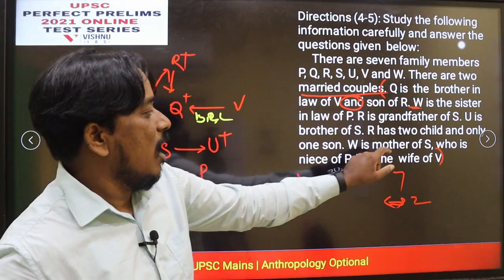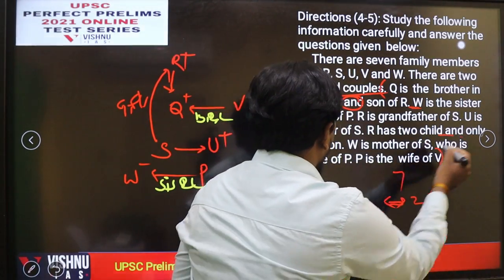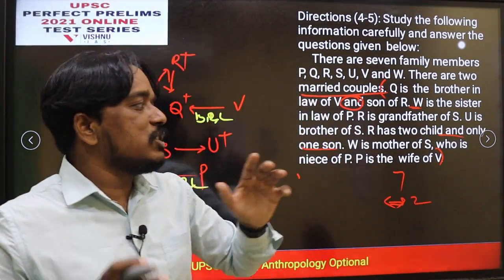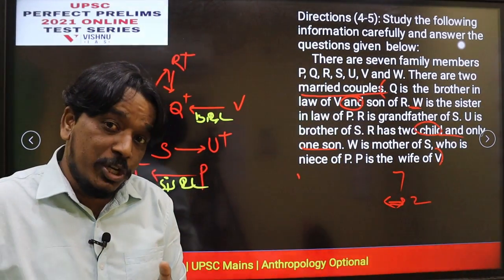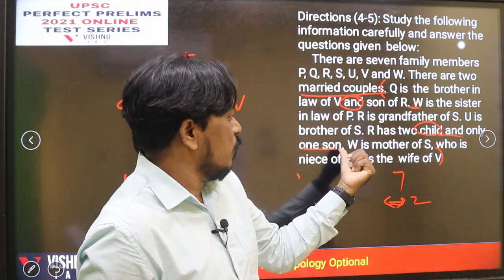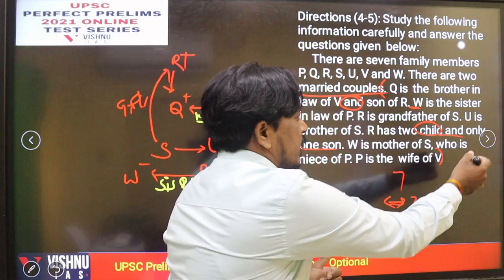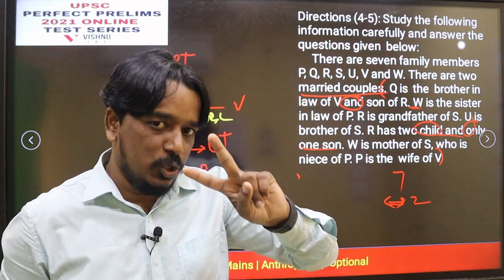Next, R has 2 children and only 1 son. R has 2 children. Okay, R has 2 children. Out of that, 1 son, means another person is obviously. They are particularly mentioning only the condition. Only means R has a total of 2 children.